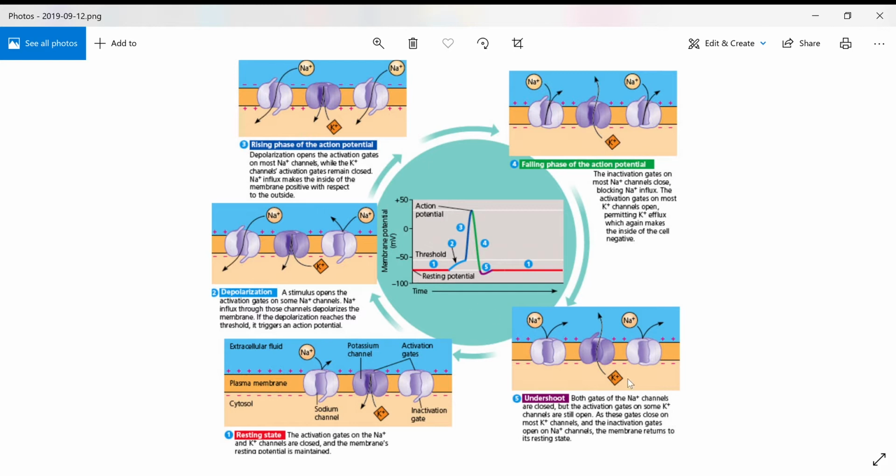And then eventually the potassium channel closes, and it gets back to its resting potential state again through the flow of potassium and sodium, not through the ion gated channels. It's just going to be this constant pumping of the ions in and out to maintain that -70 millivolts again.